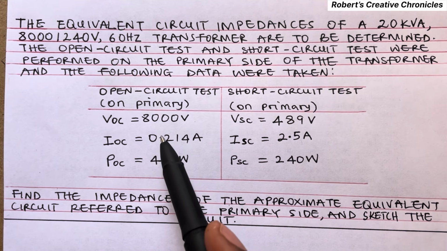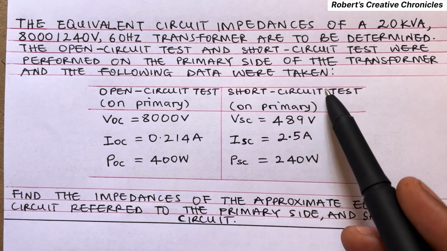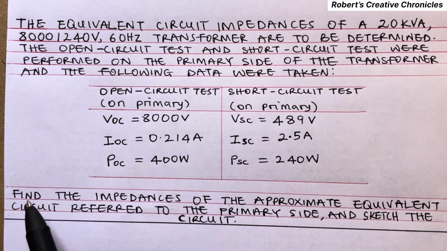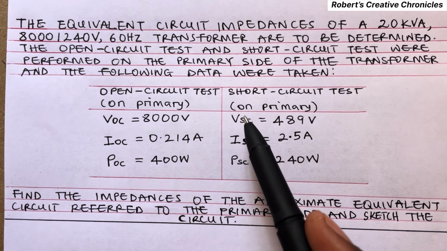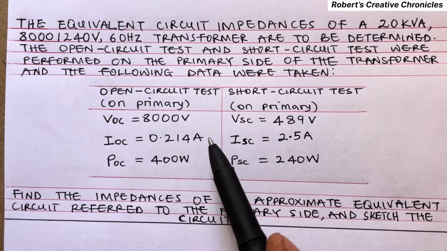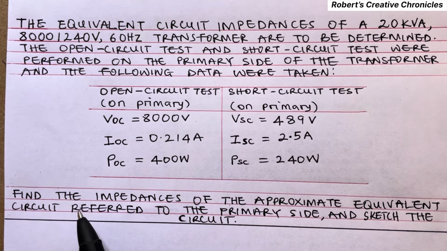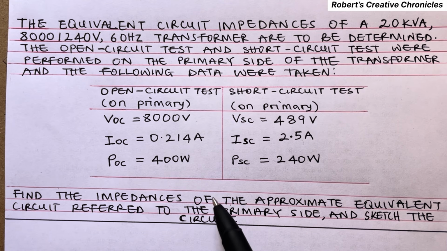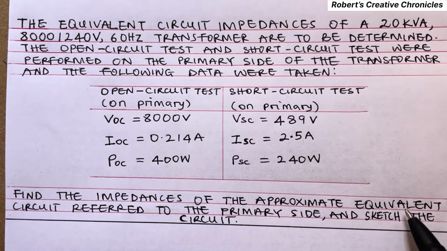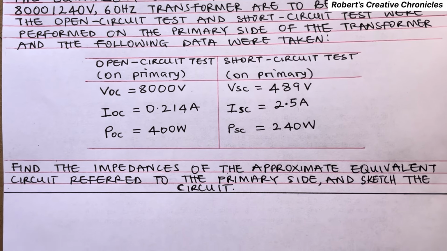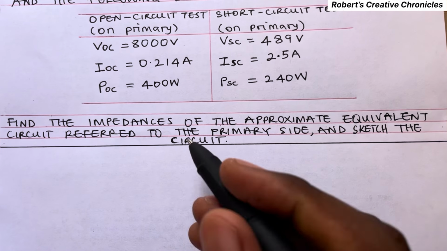This is the open circuit test data. This is the short circuit test data. This is the voltage, the current, and the power for both open circuit and short circuit tests. Find the impedances of the approximate equivalent circuit referred to the primary side and sketch the circuit. So let's start this.